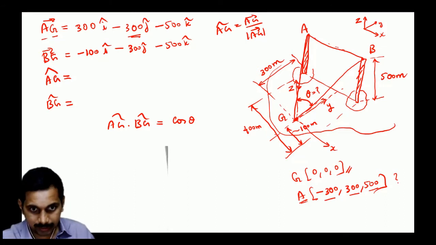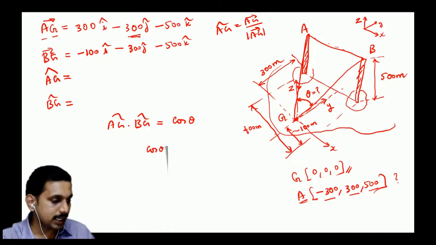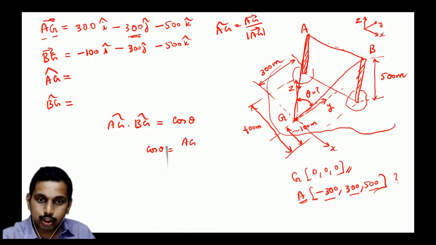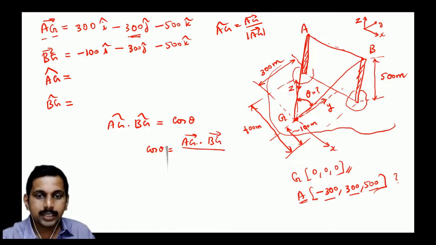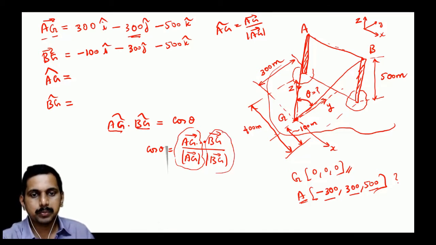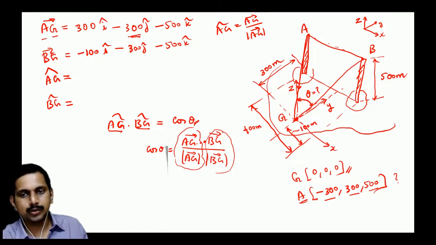Or we could have said cos theta is equal to AG dotted with BG divided by AG vector magnitude and BG vector magnitude. But this particular one is actually AG unit vector, and this particular one is BG unit vector. So AG unit vector dotted with BG unit vector is cos theta. Like that you can find out theta.